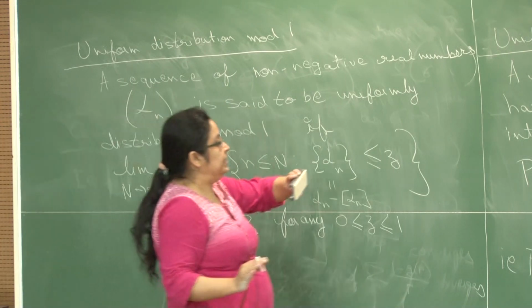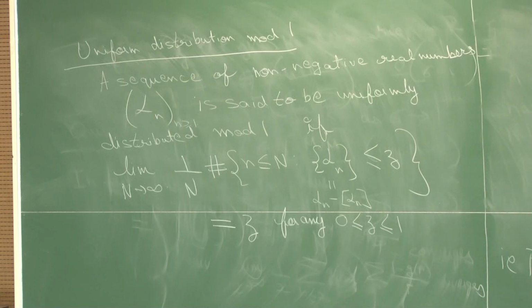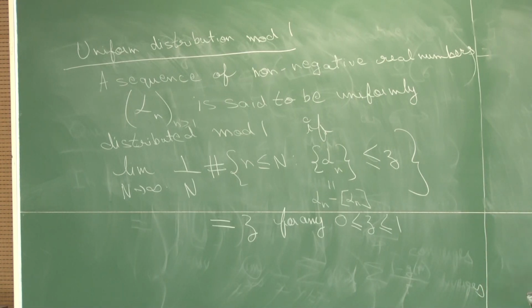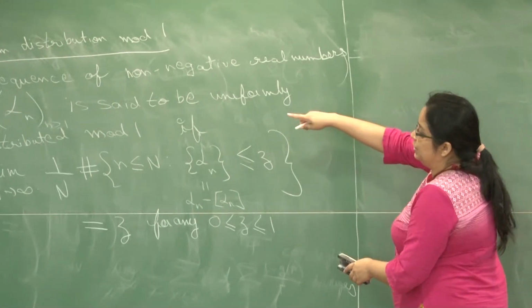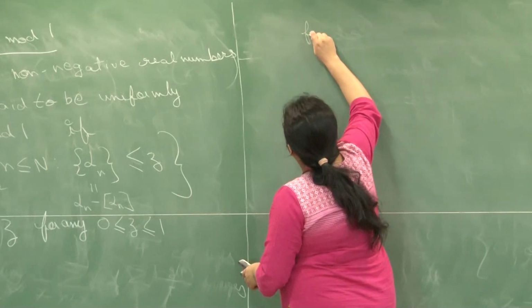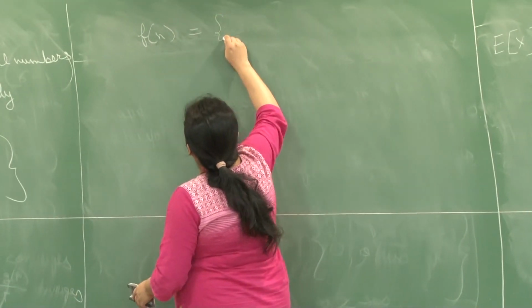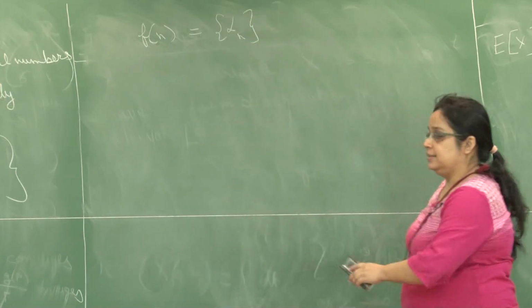So, what is happening here? You have some sequence alpha sub n and your arithmetic function is just the fractional part of alpha sub n.